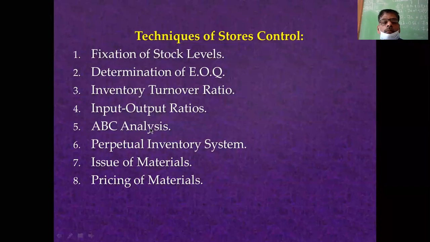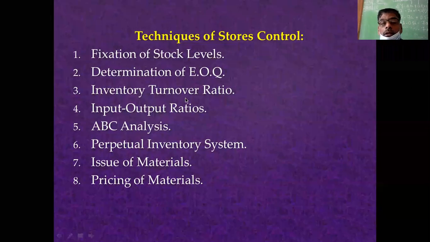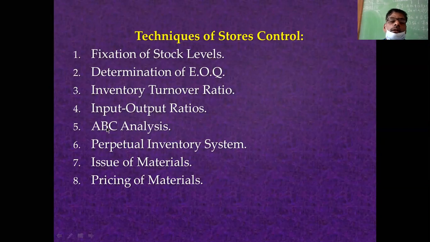These are the points I discussed briefly, and I'll take them one by one in detail. Levels of stock I'll take first, then economic order quantity, inventory turnover ratio, input output ratio, and points 5, 6, 7, 8.